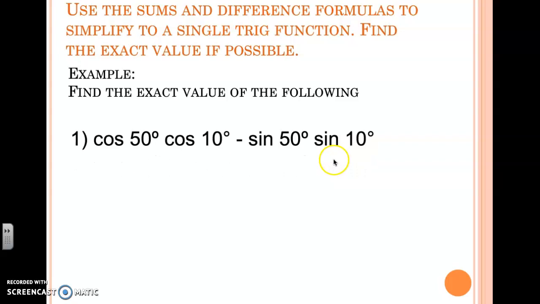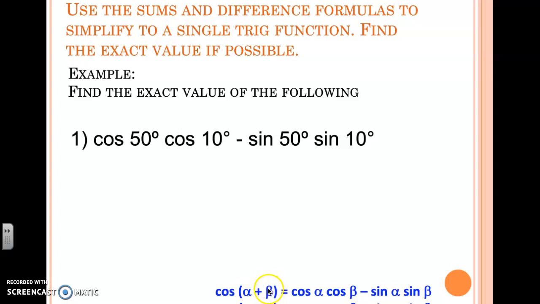So I'm going to bring my identity: cosine of the sum is equal to cosine of the first angle times cosine of the second angle minus sine of the first times sine of the second. I'm going to use this identity to bring this into cosine of one angle plus another angle.